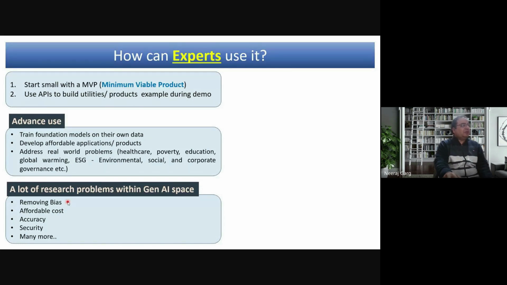So there could be bias also, right? And it is expensive. Accuracy is also a main concern. Security is also a main concern. IP infringement is also a concern, right? So there is a lot of scope for us as a society as well as the experts to dig deeper into these fields and solve these problems, whether it is on the Gen AI application side or within Gen AI, because this is also a major problem.